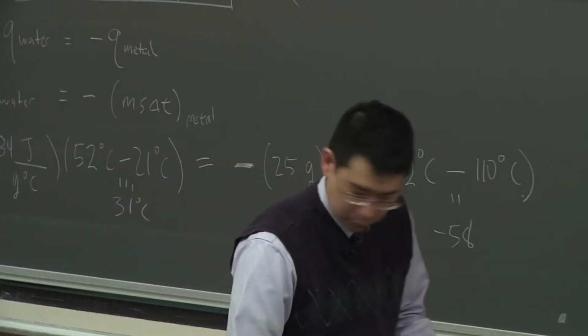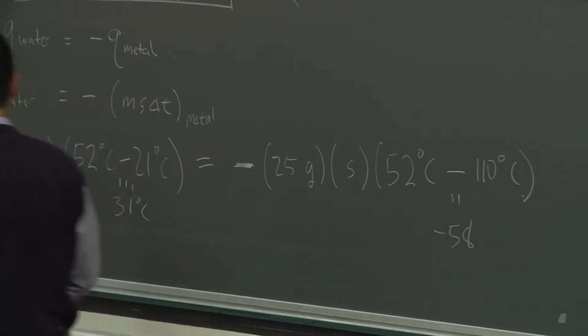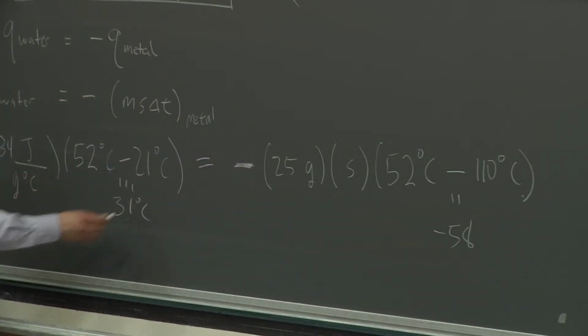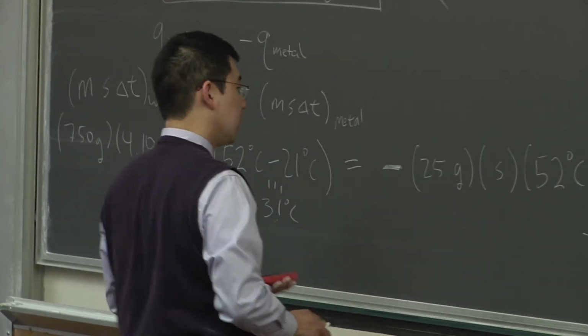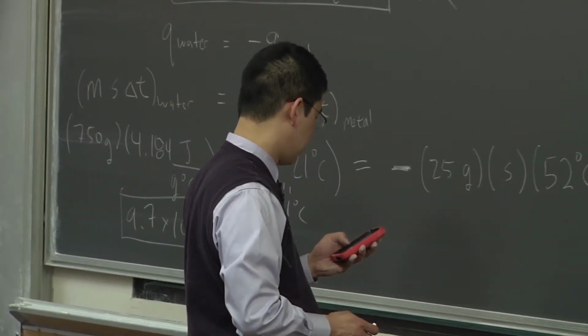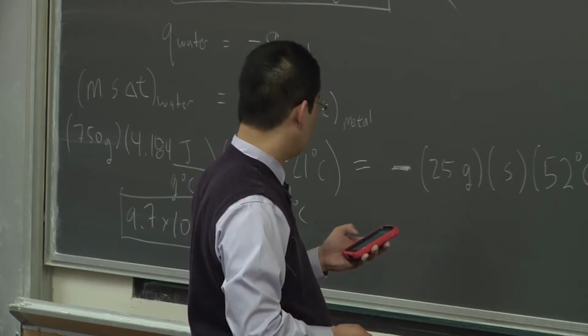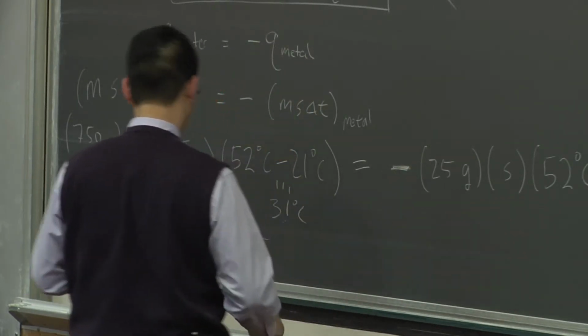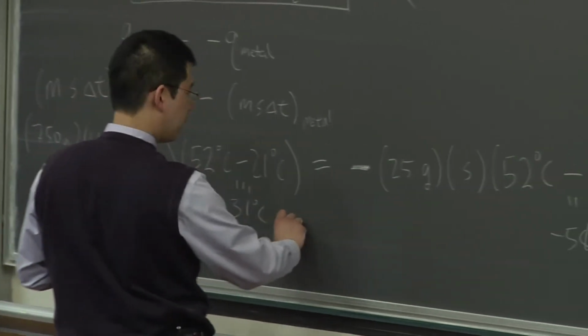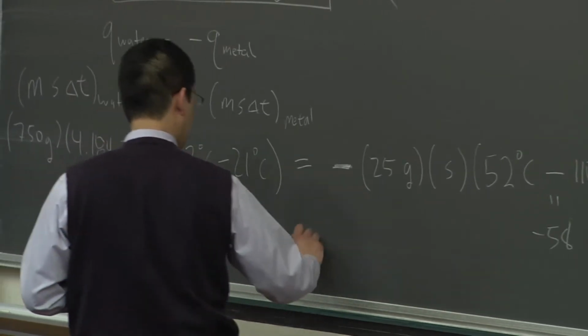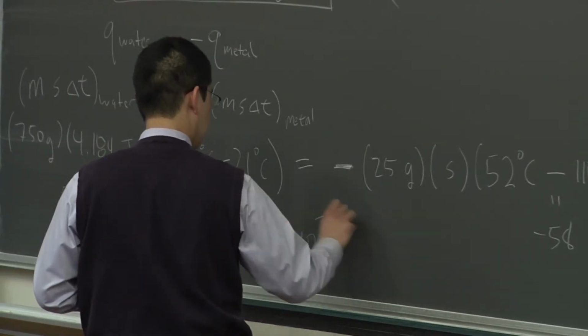And I'm getting 97,278, which is really going to be two significant figures. So 9.7 times 10 to the 4 joules. That's what I get on this side. Equals, that's not the final answer, equals 25 times negative 58. And it's negative, so it's going to be positive. So it's going to be 1.5 times 10 to the 3rd joules times S.